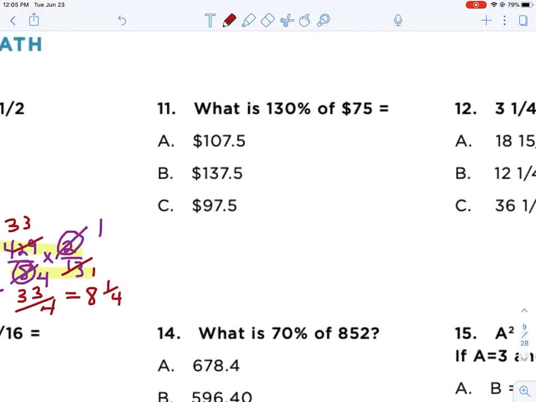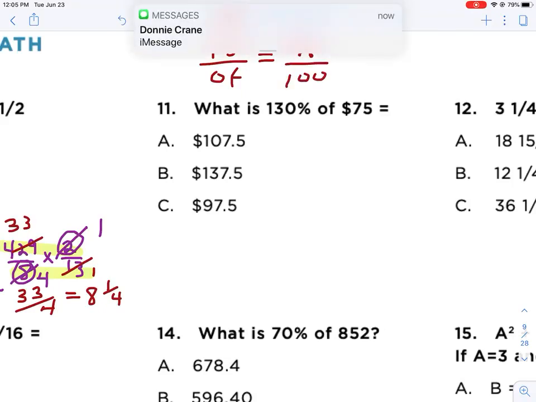Percentages. I always like when I see what is of equals. I always kind of think of this as is over of equals percent over 100. Just kind of a quick little place to put your numbers.